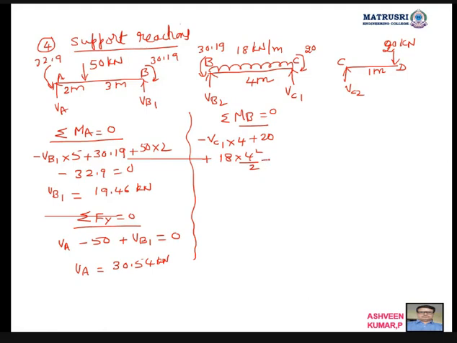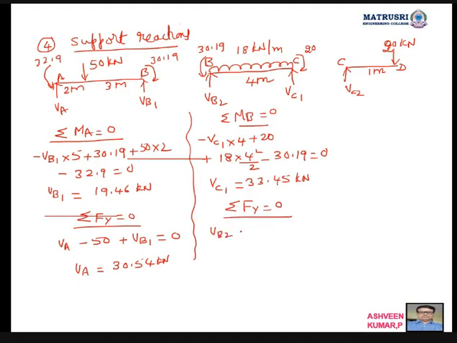This is anti-clockwise, minus 13.19 is equal to 0. So if you do the calculation, you will get VC1 as 33.55 kilonewton.